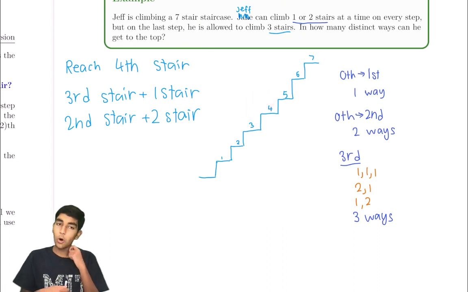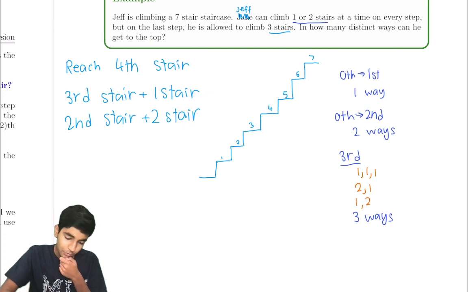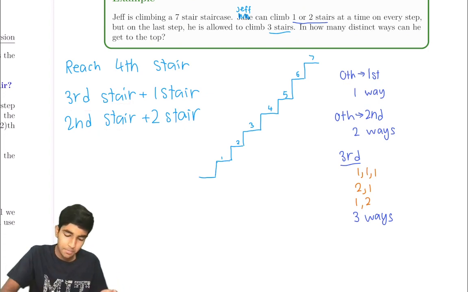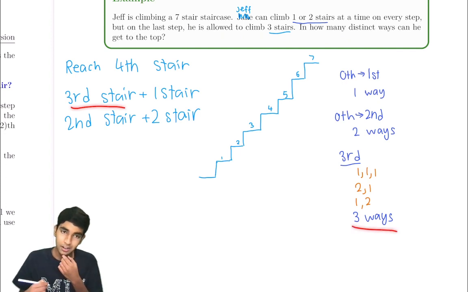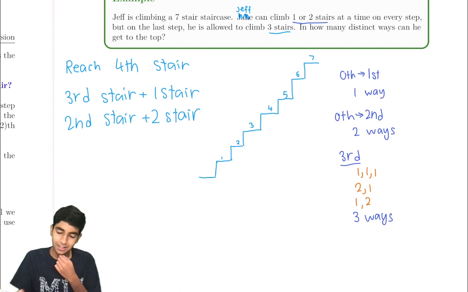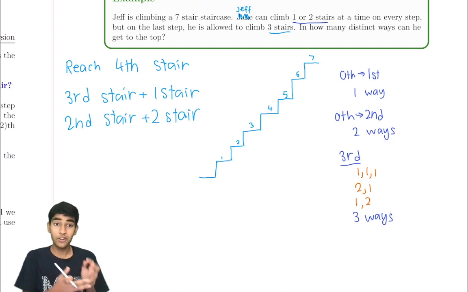And these are really the only 2 ways to reach the 4th stair. 3rd stair, 2nd stair. We already know the number of ways to reach the 3rd stair. And we also already know the number of ways to reach the 2nd stair.